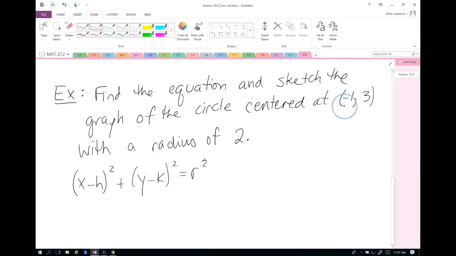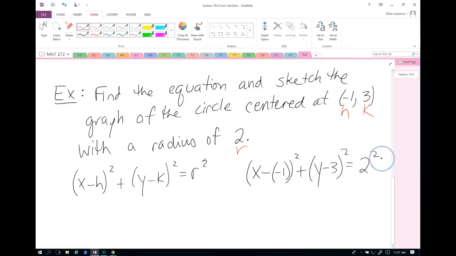So we're given the h, the k, and the r. So we can plug them in and clean it up a little bit based on what they look like. We're going to have x minus -1 squared plus y minus 3 squared equals 2 squared.